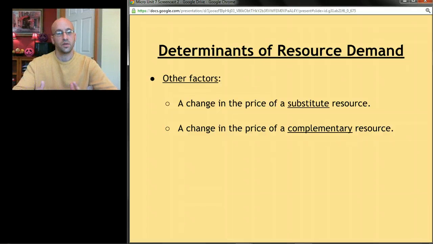Think like cashiers and cash registers. Those might be complementary resources, resources that are used together. Well, if the price of cash registers goes down, you as a business might want to use more cash registers, but to do that, you're also going to need more cashiers. So if the price of a complementary resource changes, that also might change the demand for some other complementary resource.